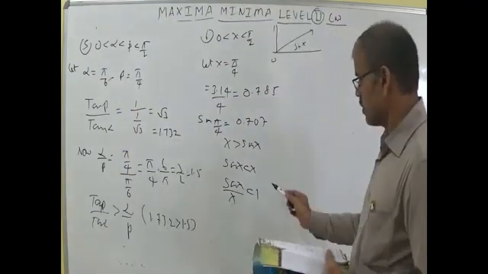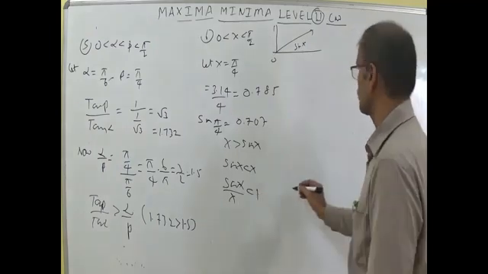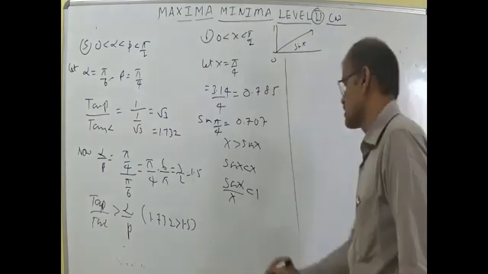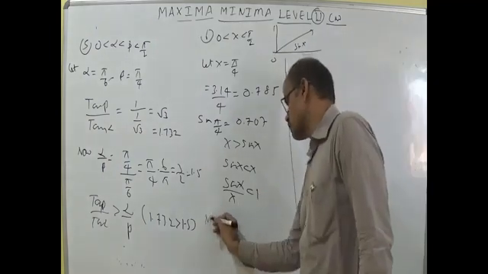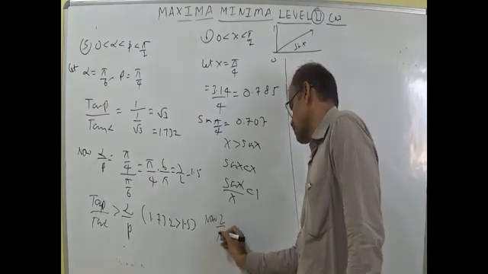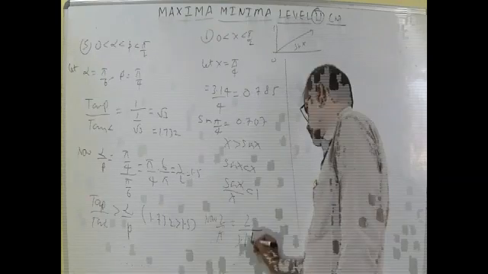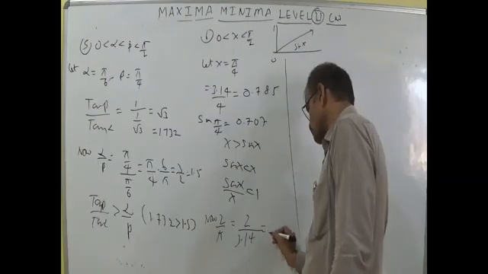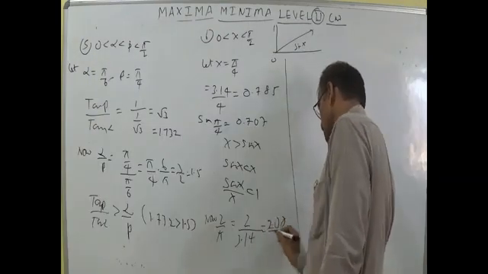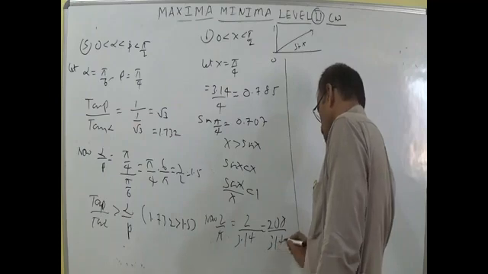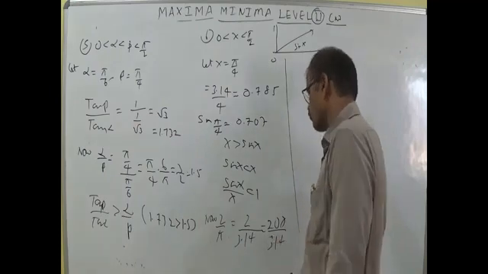Sin x by x value less than 1 we got. Let us discuss about it now. According to the options, I am writing 2 by pi. So what is the value of it? Pi means 3.14. You write 200 by 314.